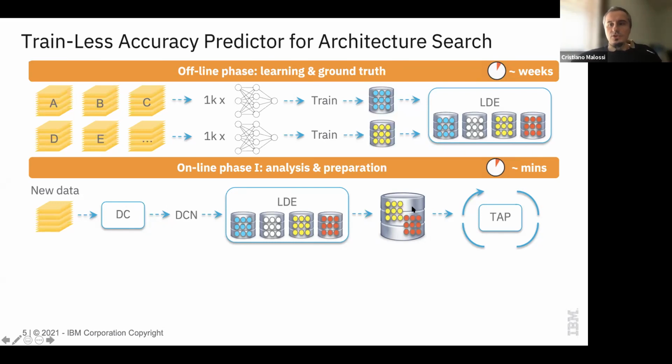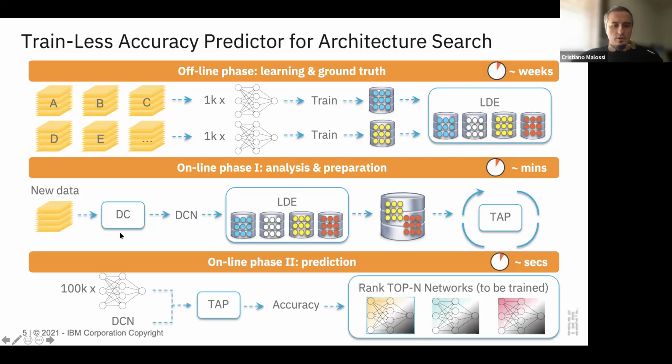But instead of doing just simple transfer learning, where we train this model on the new data, we use this information to train a predictor. And this predictor, in a second, online phase, can estimate for us the accuracy of our models without training these models.